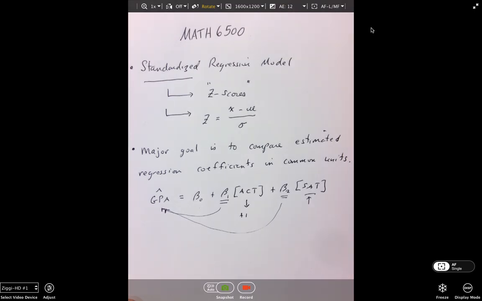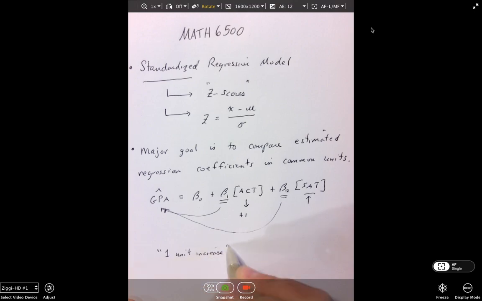Well, guys, the problem here is what the effect is of a 1 unit increase. I think I mentioned in the last video, an increase from a 30 to a 31 in ACT is much more significant than an increase in SAT from, say, 1150 to 1151.